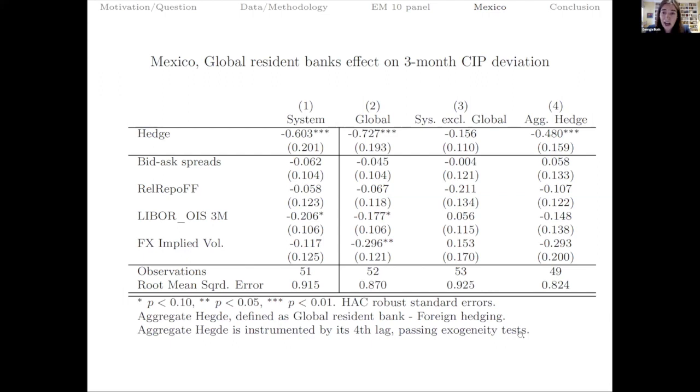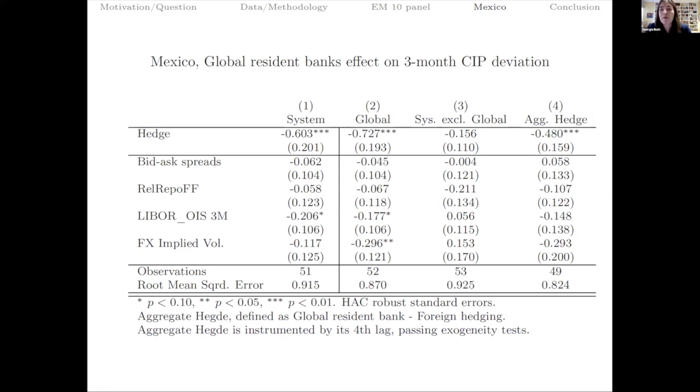And lastly, in column 4, I've taken the system as a whole. I've taken the global bank hedging demands and netted out the foreign investor hedging demand. So I'm assuming from our earlier results that that's an offsetting force.